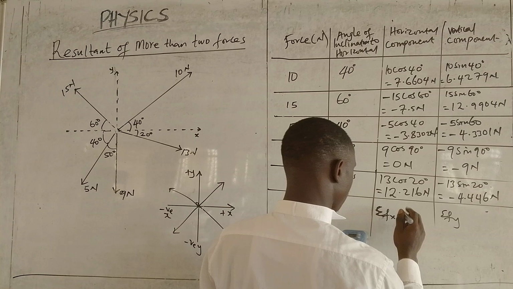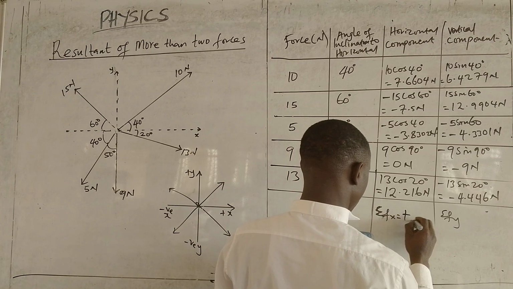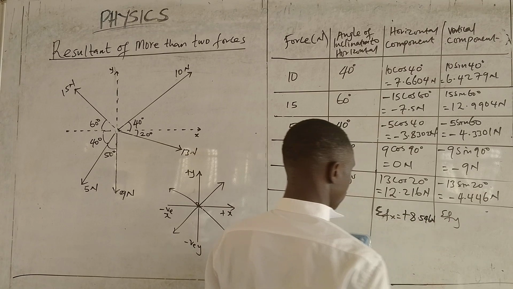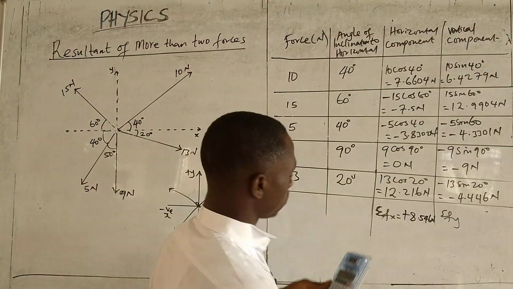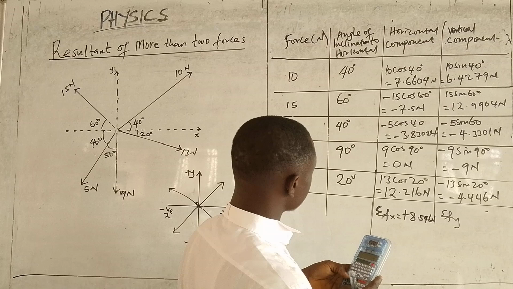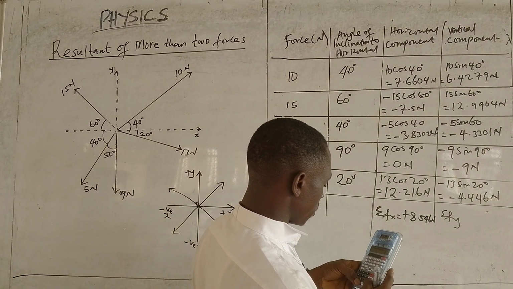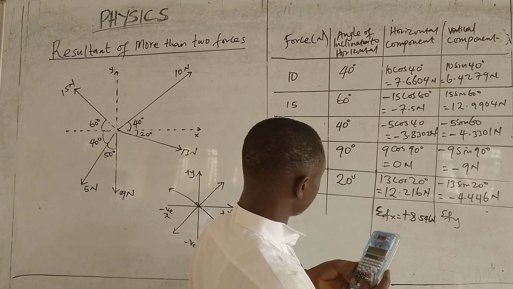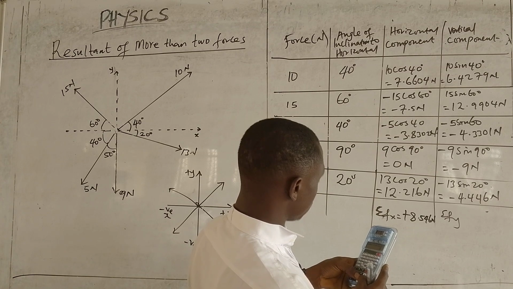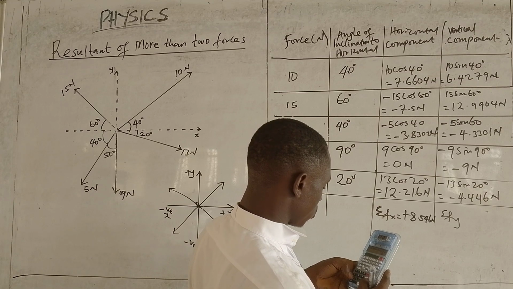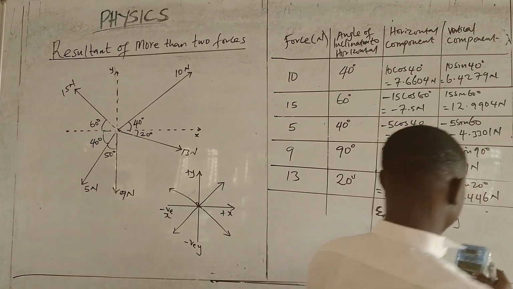So we have positive, that's going to be 8.546 Newton. Maybe I should try again. 7.6604 minus 7.5 minus 3.8302 plus 12.216. So that's correct.